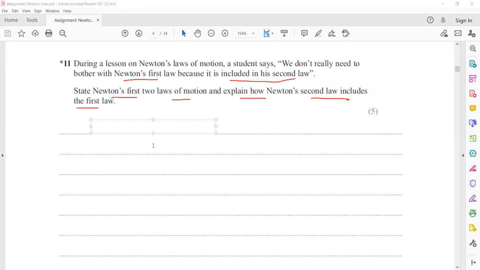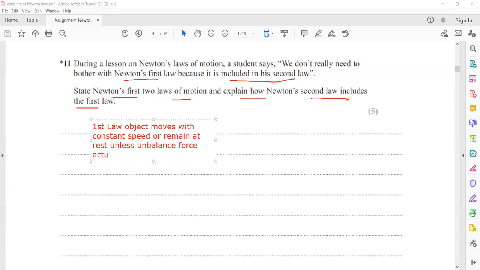So according to the first law, the object moves with constant speed or remains at rest unless an unbalanced force acts on it.